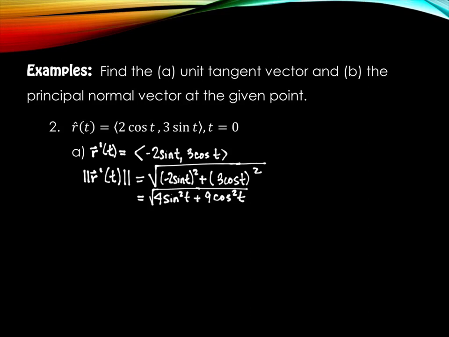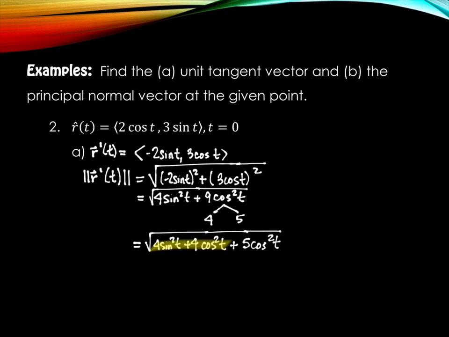So instead of adding them in, we're actually just going to break the 9 cosine squared apart. So we're going to break apart our 9 cosine squared into 4 and 5 of the cosine squareds. So if I had this written instead as the square root of 4 sine squared t plus 4 cosine squared t, and then add to it the 5 cosine squared t that I broke it apart from, then what will this quantity equal?